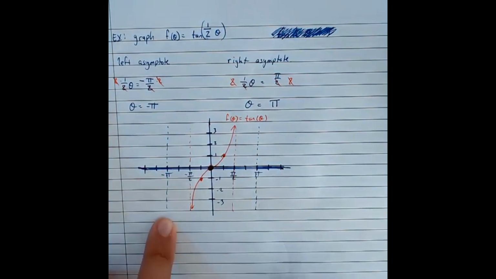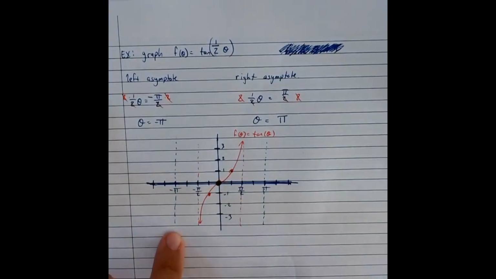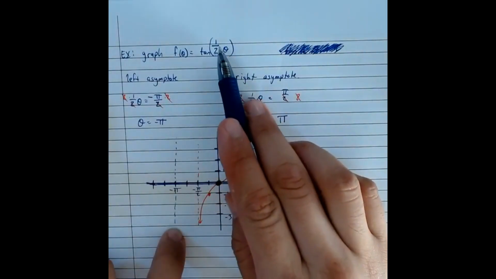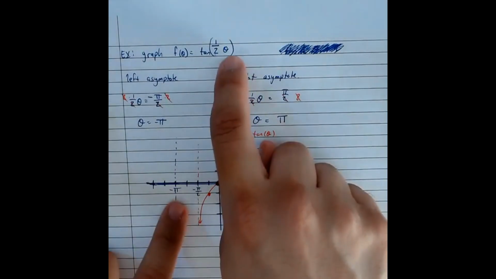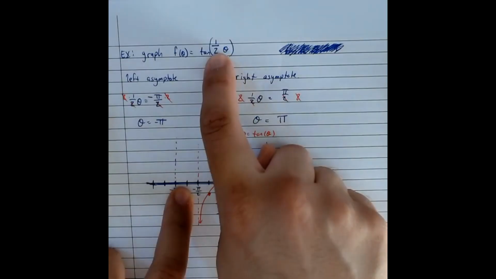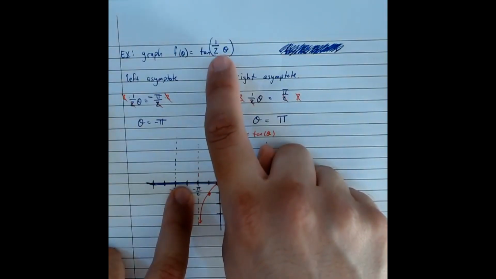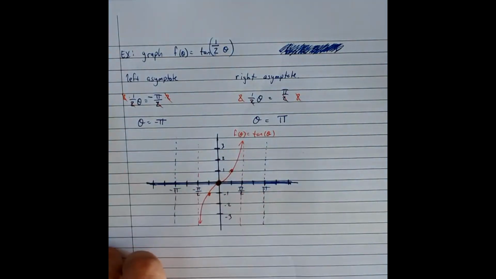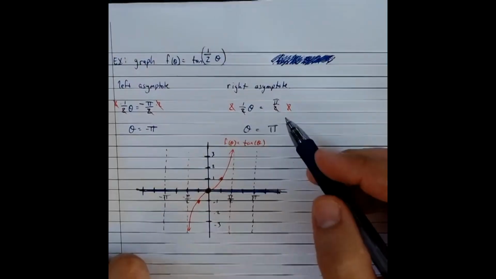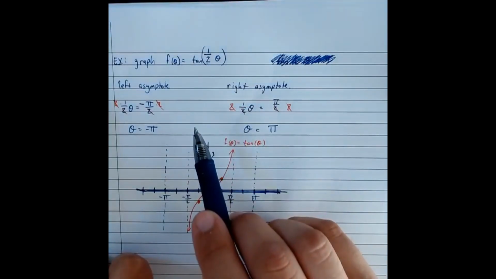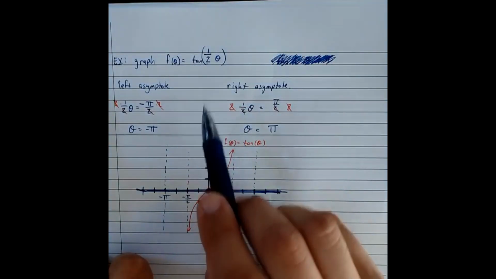Just like with our previous examples in the last sections with sine and cosine, whenever you have a number inside the argument, it dilates things this way. It changes the period. Take pi and divide it by this number, and that'll give you the new period. For sine and cosine, it was 2 pi divided by that number because 2 pi was the period length of sine and cosine.